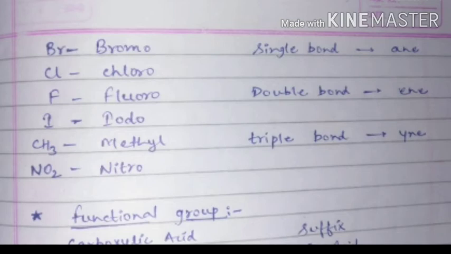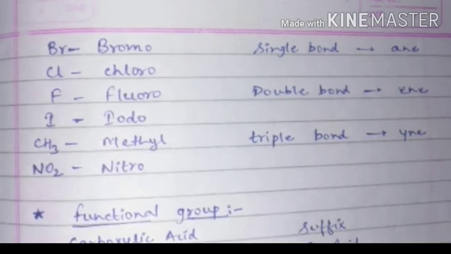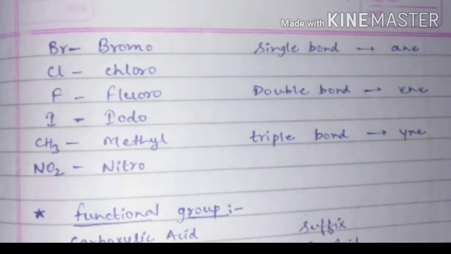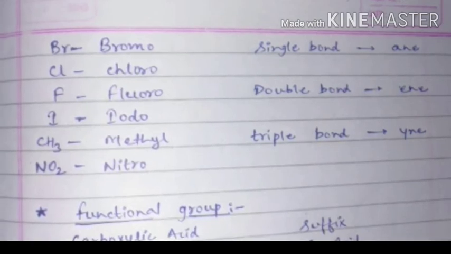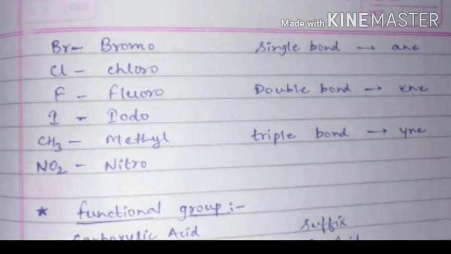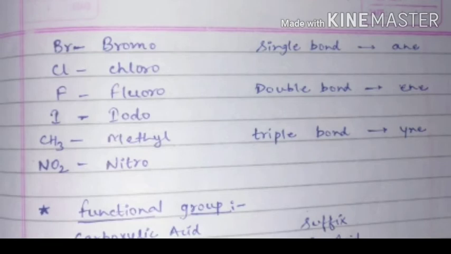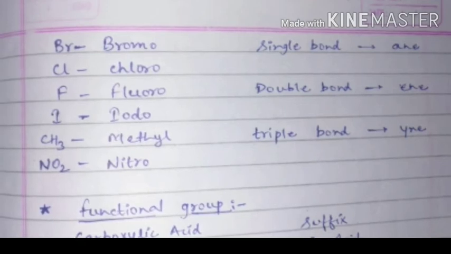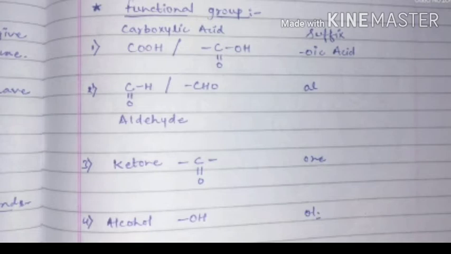So these names we use as a prefix. And I have told you, for a single bond ane, for a double bond ene, and for a triple bond yne, these are used as a suffix before the functional group, if present. Then here we have four functional groups. The first functional group is the carboxylic acid.